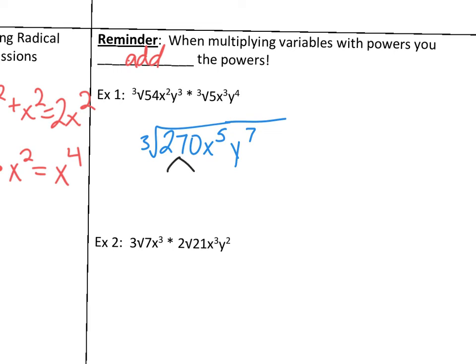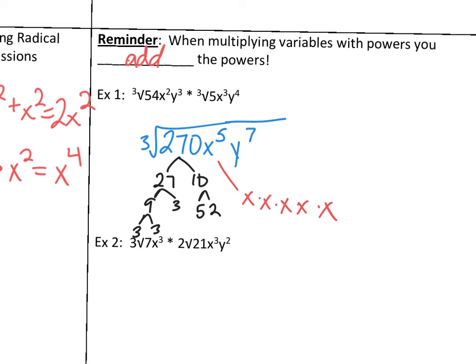270 breaks down to 27 and 10. 27 will break down to 9 and 3, and 9 breaks down to 3 and 3. With 10, I get 5 and 2. Before I start counting my groups, I've got 5 x's.